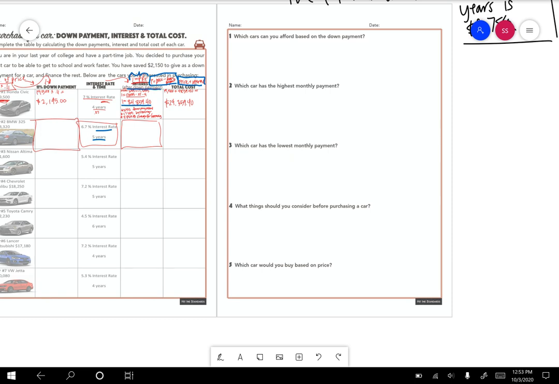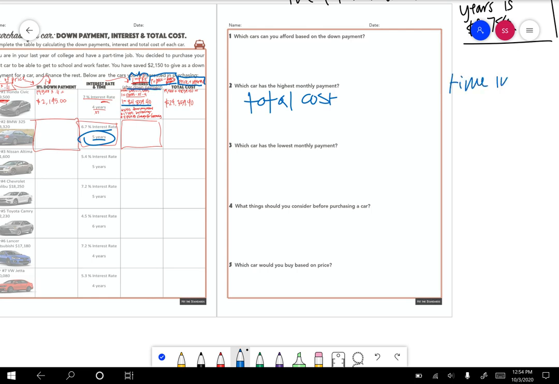Which car has the highest monthly payment? So key thing for monthly payment, you're going to take that total cost. You're going to look at the time in years.